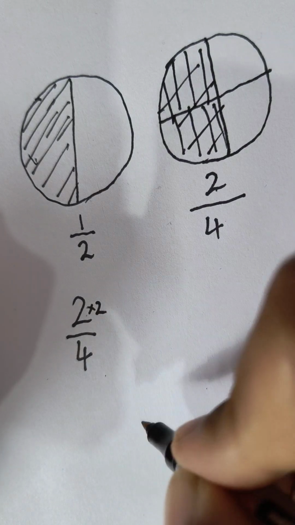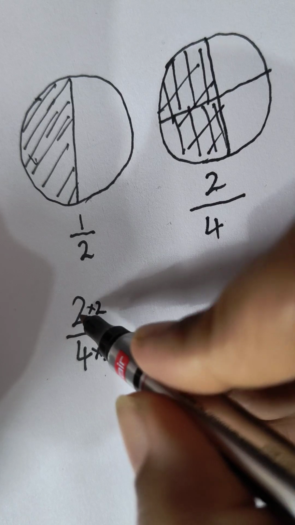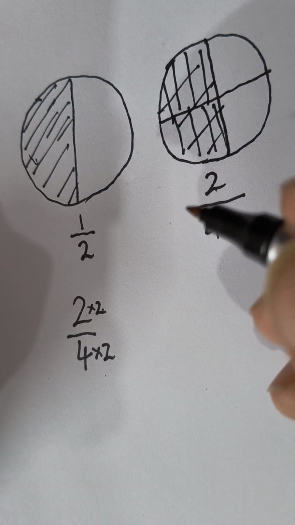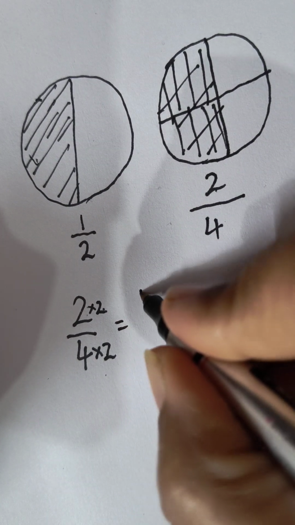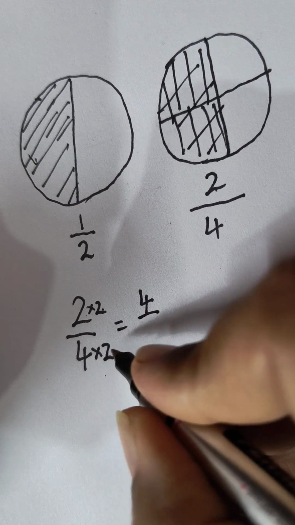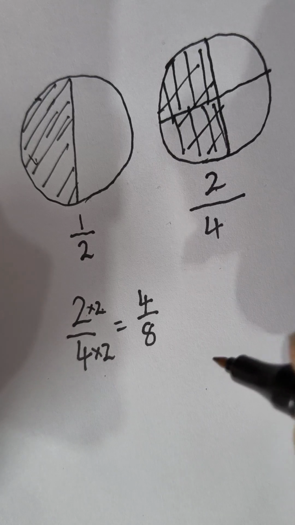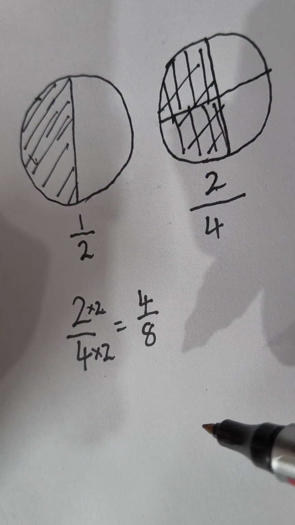Whatever you are doing with the numerator, the same you have to do with the denominator. If you are multiplying the numerator by 2, you have to multiply the denominator also by 2. So what answer do you get? 2 twos are 4 and 4 twos are 8. This is the first equivalent fraction of 2 upon 4.